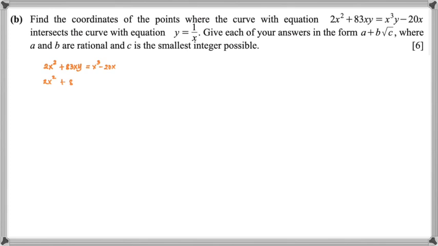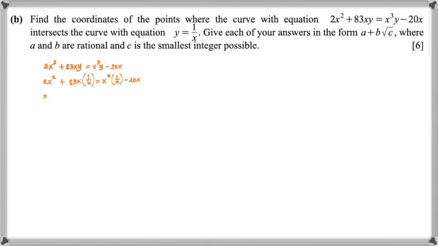plus 83x times 1 over x, which is equal to x cubed. Wait for a while, I missed writing y here. So x cubed y, so 1 times 1 over x, minus 20x.